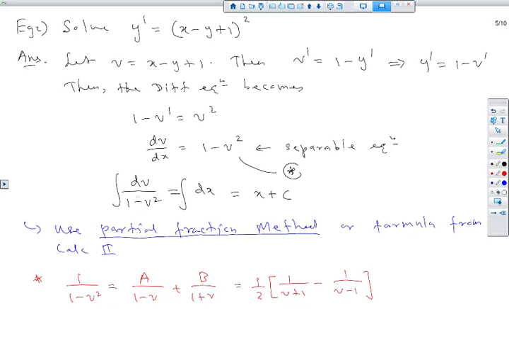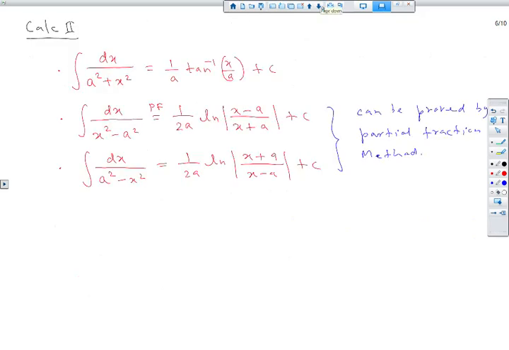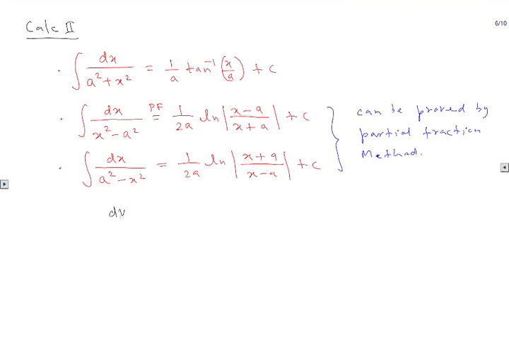Now we know what's going to happen to the left side using the formula. Now you can write this one as dv over 1 minus v squared equals dx. So we integrate two sides.